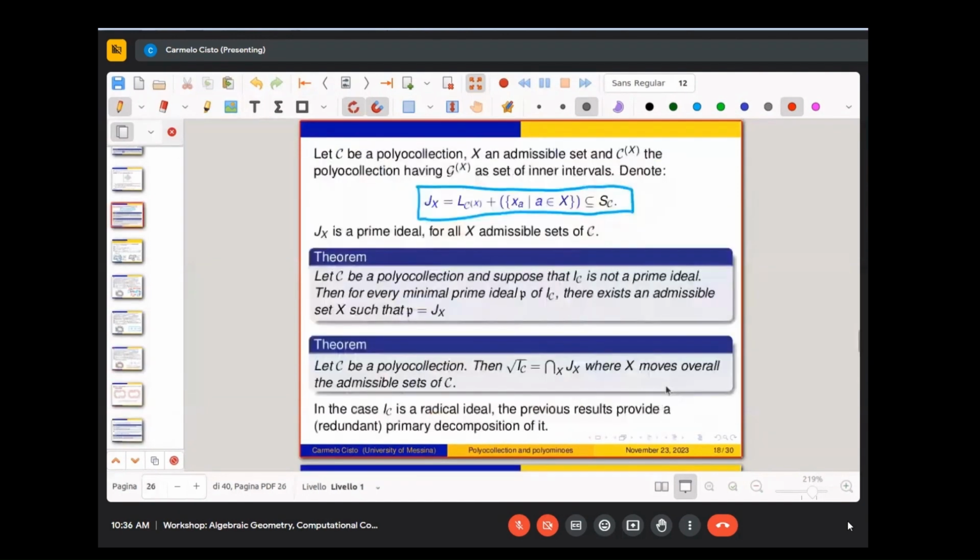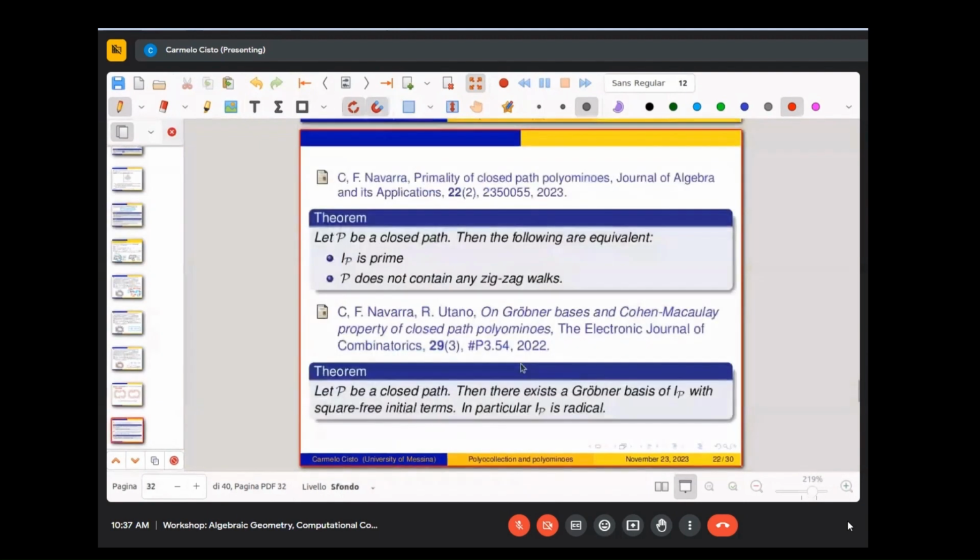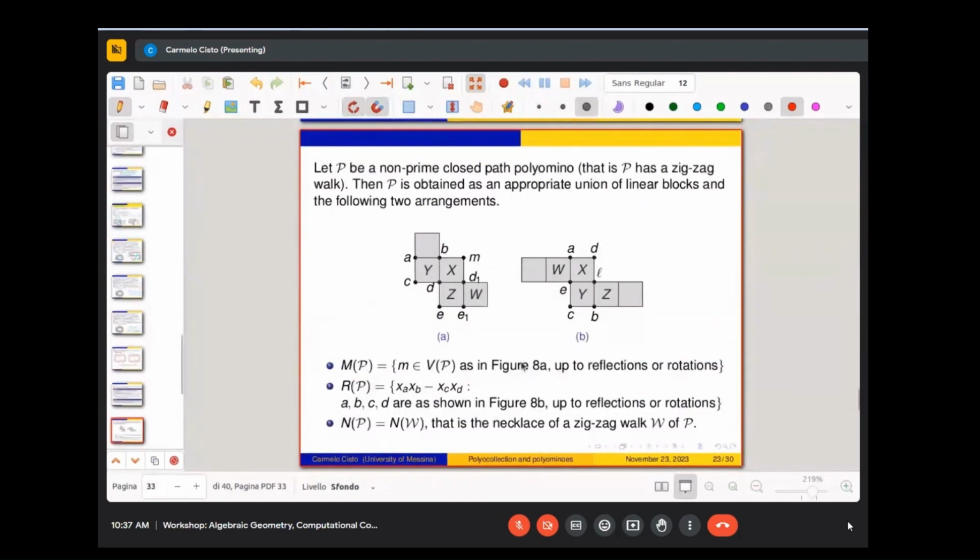So if we remember this result, in this case we have that this ideal Jx is exactly the ideal associated to the closed path. So for a closed path, we know that the ideal is radical. Okay, so we need to study closed paths having zigzag walks.